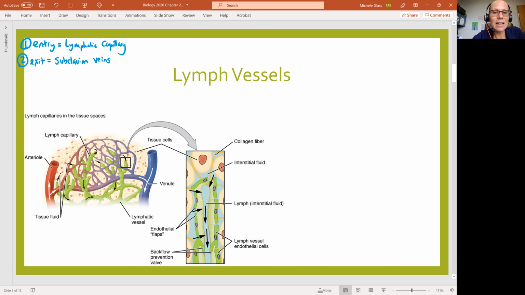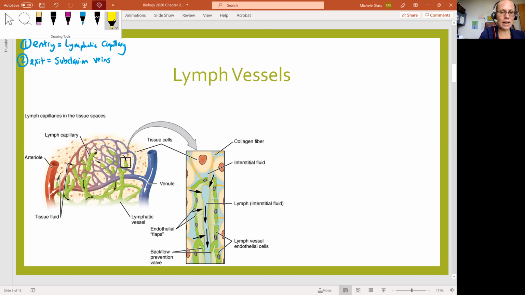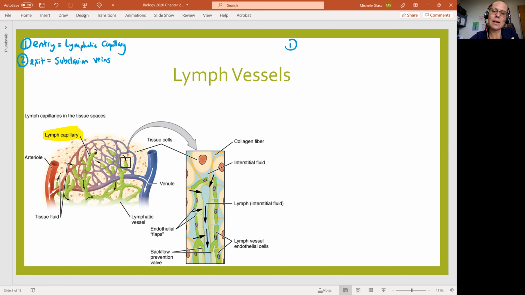But then added on to this diagram are these green vessels, labeled as the lymphatic capillary, the lymph capillary. Remember, this is our starting point, our entry into the lymphatic system. So let's list out our lymphatic capillary as our starting point.